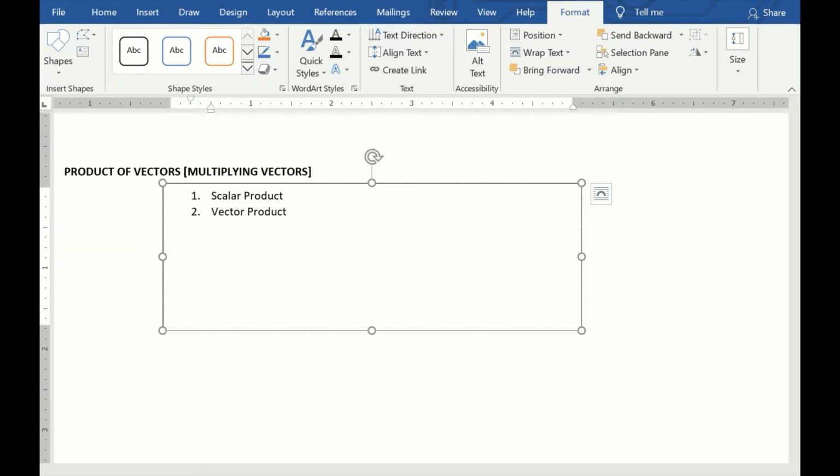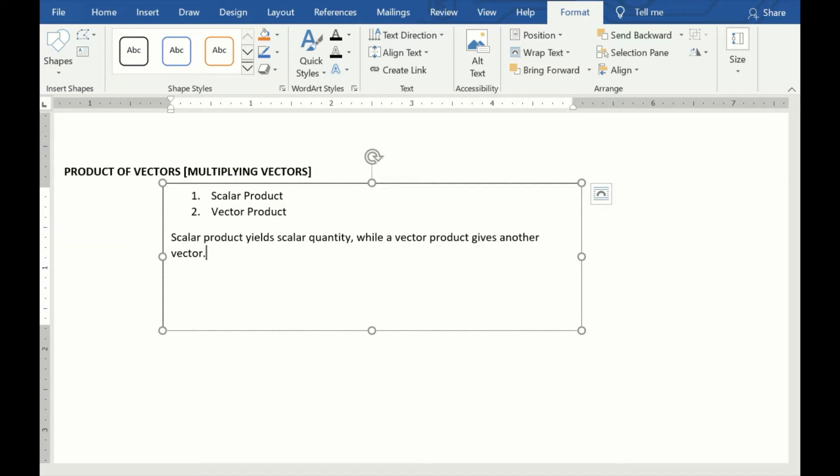Let me explain a scalar product. A scalar product will give us a scalar quantity, while a vector product will give us another vector.